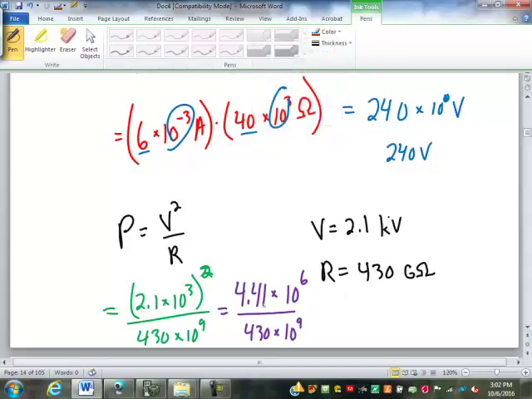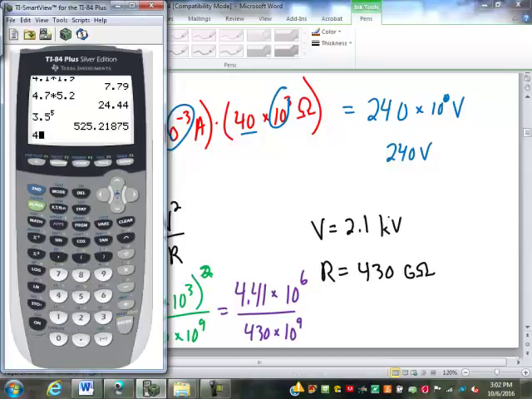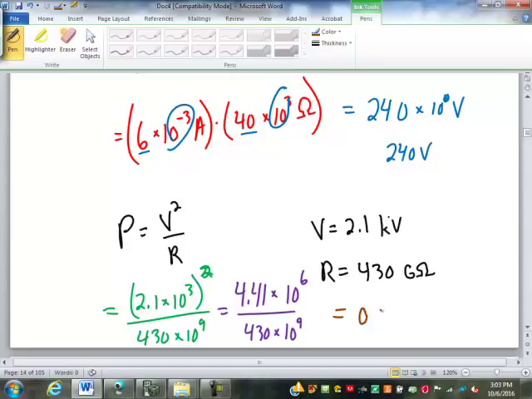We'll divide. 4.41 divided by 430 is 0.0103 times 10 to the 6 divided by 10 to the 9th, which is 6 minus 9, negative 3.